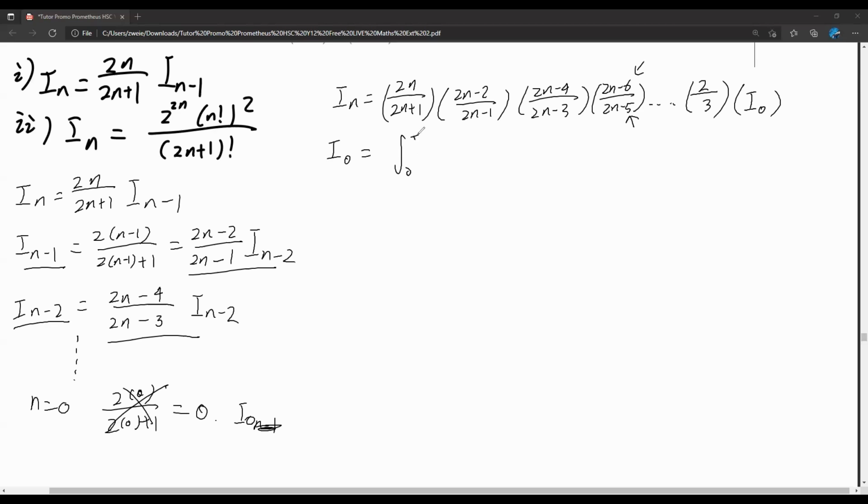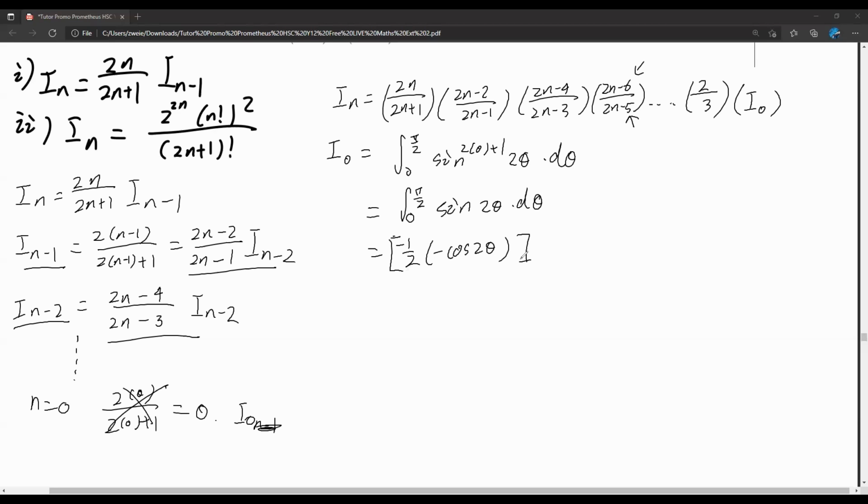So I get integrate 0 to pi on 2 sine to the power of 2 times 0 plus 1 of theta times d theta. That's from my memory. And then I would get integrate 0 to pi on 2 sine theta d theta. So what I get is negative cos theta, going from 0 to pi on 2.